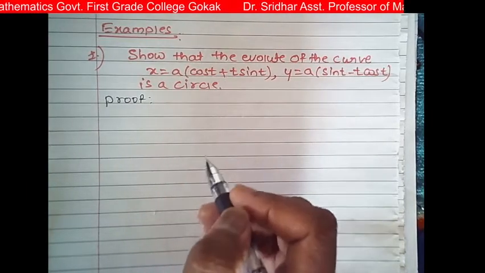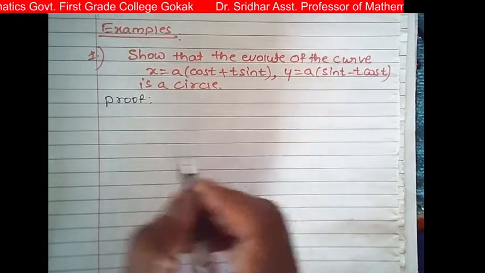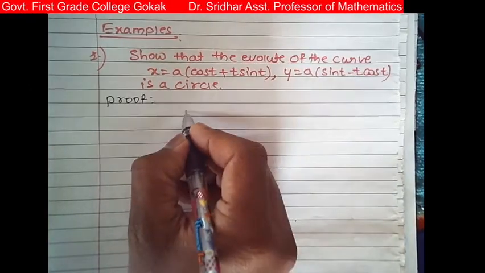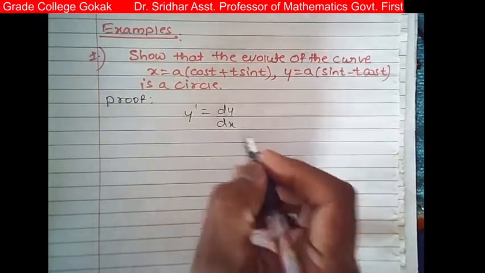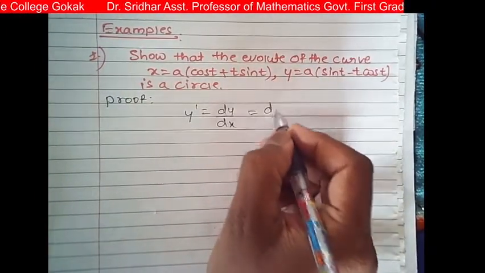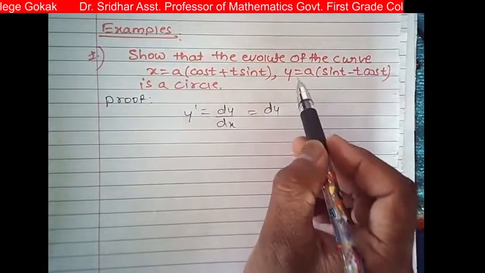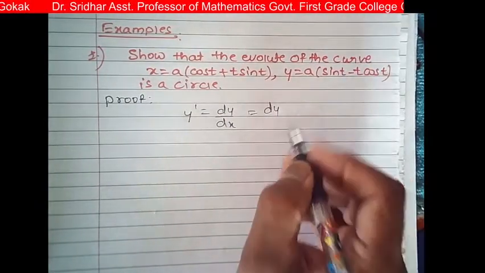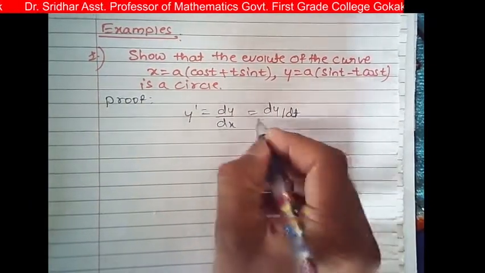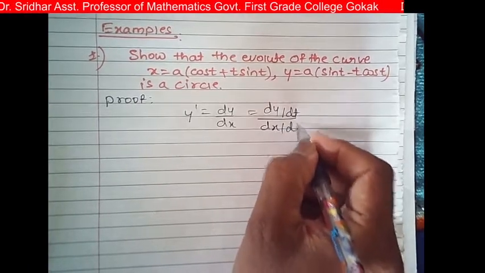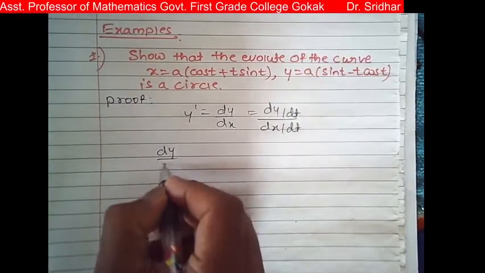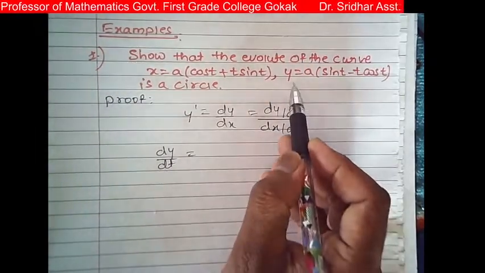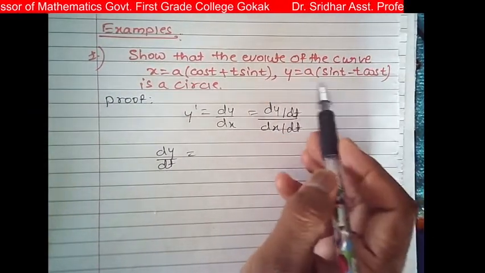Okay, so now therefore to find out the radius of curvature, first what we do, we find y dash. So y dash is equal to dy by dx, which is equal to, since x and y are given in parametric form, dy by dt divided by dx by dt. Okay, so now we find dy by dt. So dy by dt is equal to, this is y, differentiate this with respect to t.